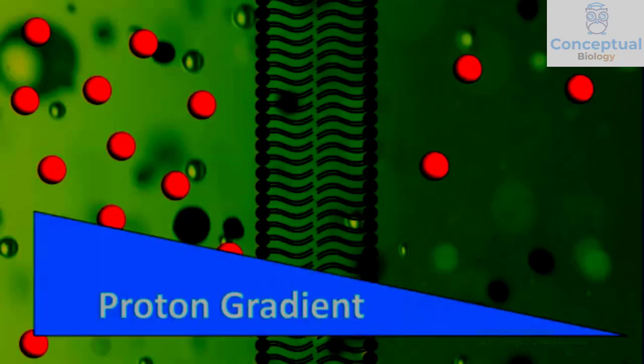So over here also we create a proton gradient. Now this proton gradient is both electrical as well as chemical because there is a charge separation. That means where the concentration of protons is high, the positive charge is high, compared to the region where the proton concentration is low, because there the charge is also low. So over here we have an electrical gradient.